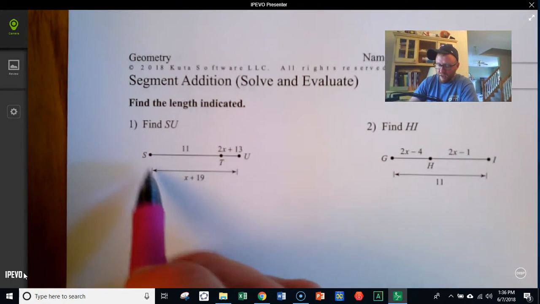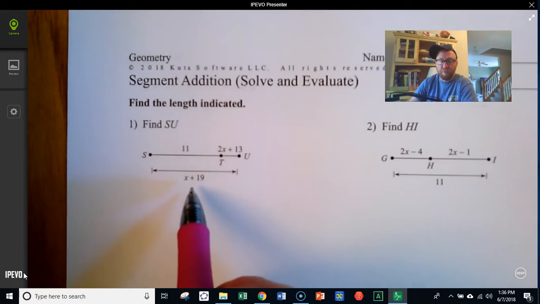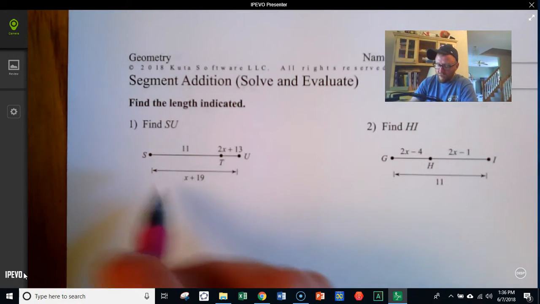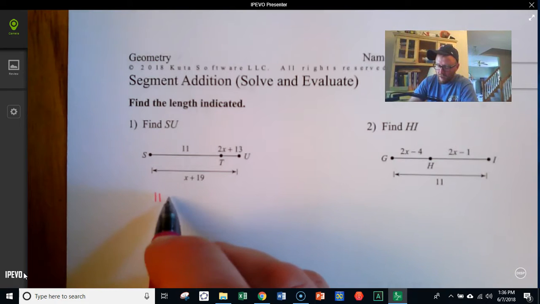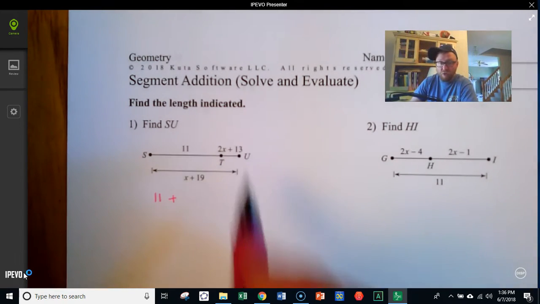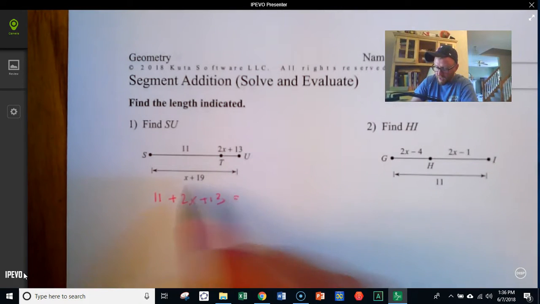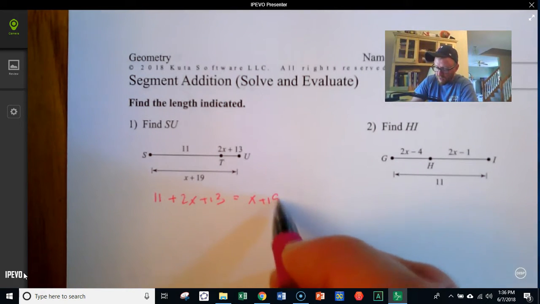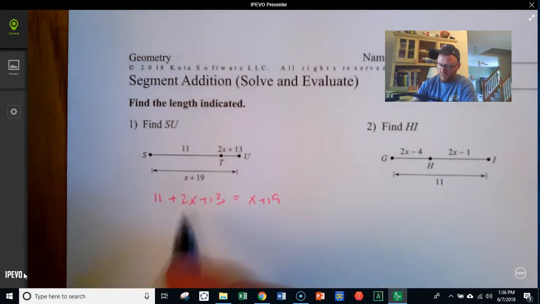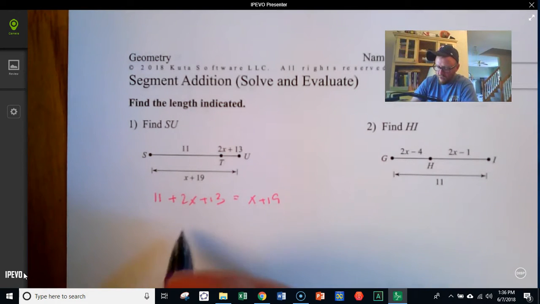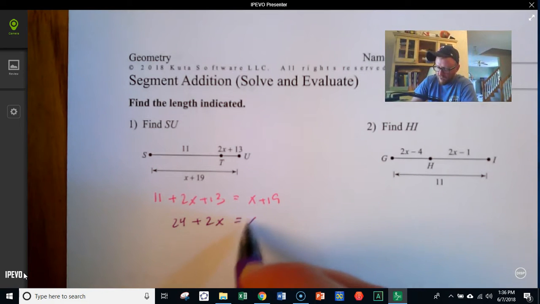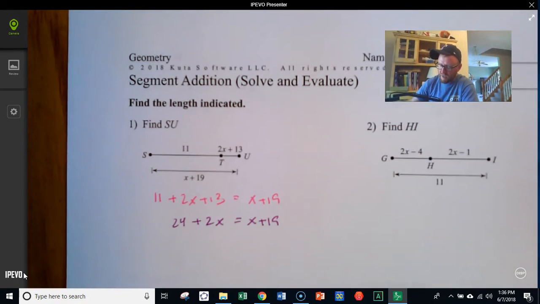We're supposed to find SU, which is represented by the expression x plus 19. So let's see. We have ST, 11, plus 2x plus 13 equals x plus 19. Combine like terms: 11 and 13 make 24, plus 2x equals x plus 19.